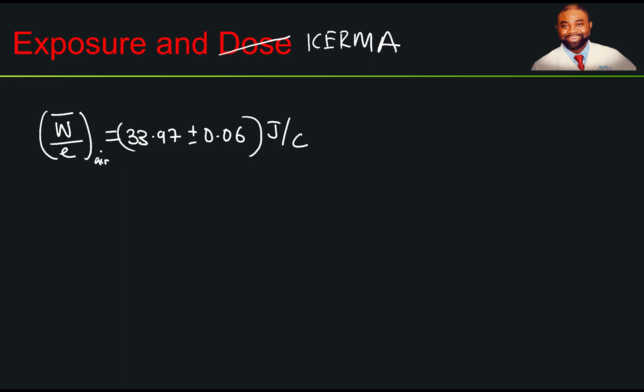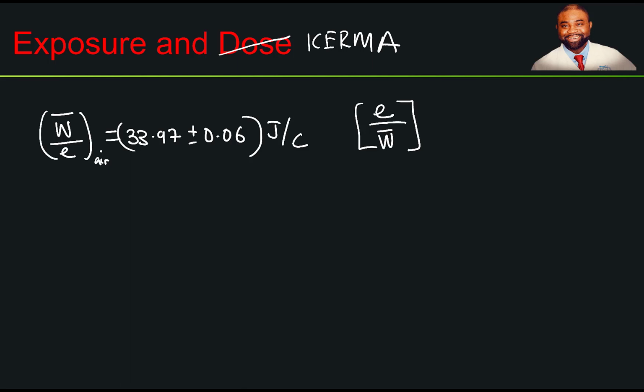Alternatively, e divided by W gives us the number of coulombs of charge released per joule of energy deposited in air.